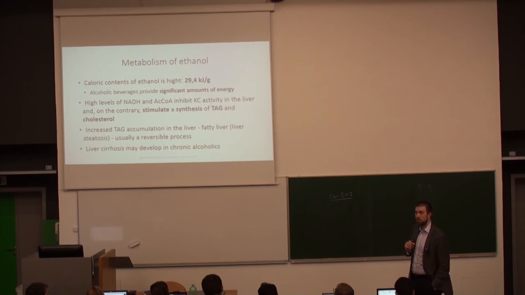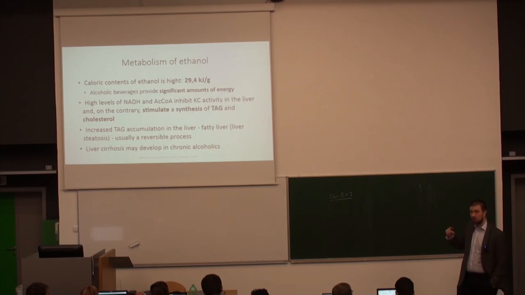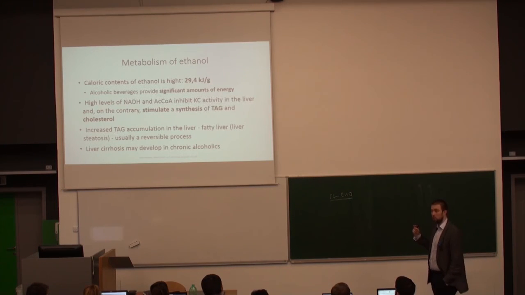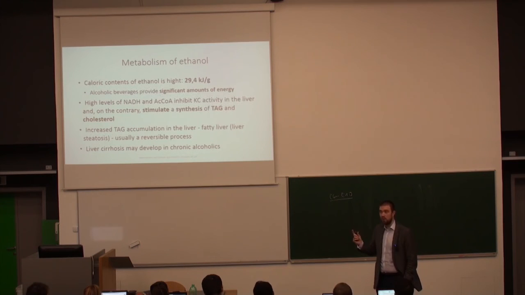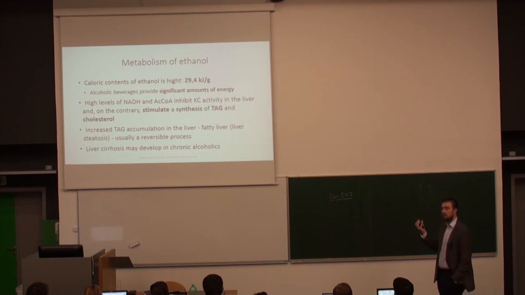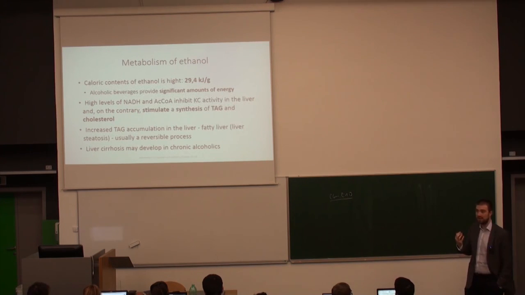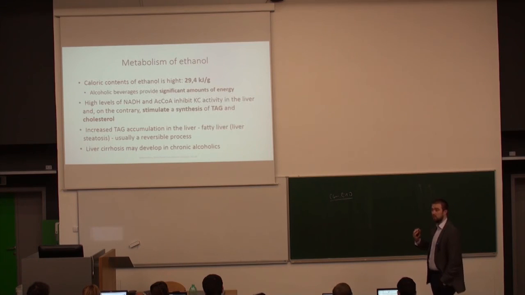If you look into your books or on the web and search for alcoholic fatty liver disease, you will find that it's one of the first things you can find in the liver of a patient who is drinking a lot. That means people will start to store more fat in the liver. That's normal. This process is typically reversible.